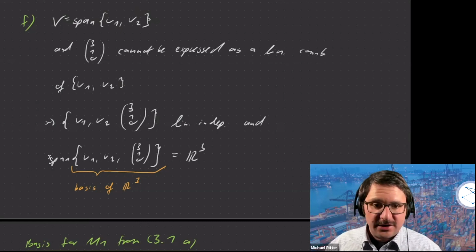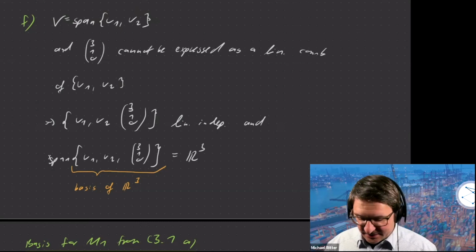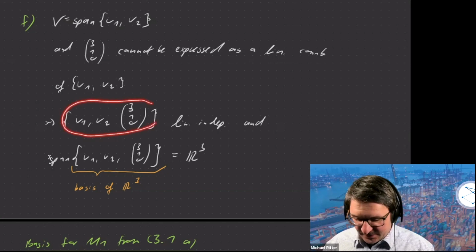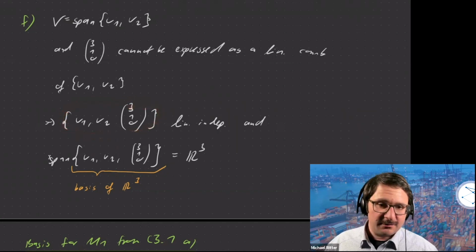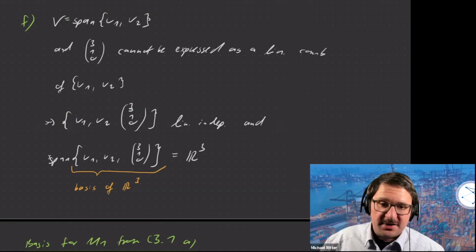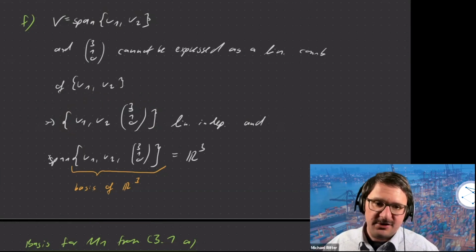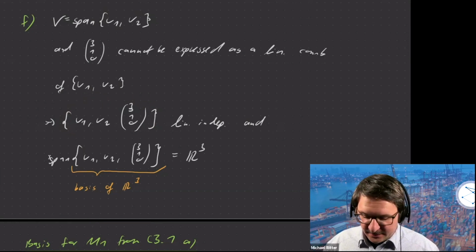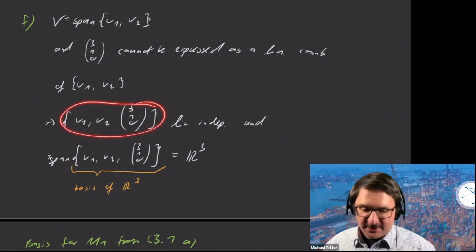To do that, we need another vector such that the new set, this one here, is linearly independent. And if that is the case, then of course the span will be three-dimensional. And a three-dimensional subset of a three-dimensional space needs to be the space itself, can't be smaller. Right? So we need to add a vector such that this new set is linearly independent.